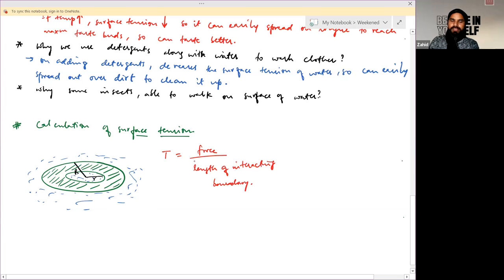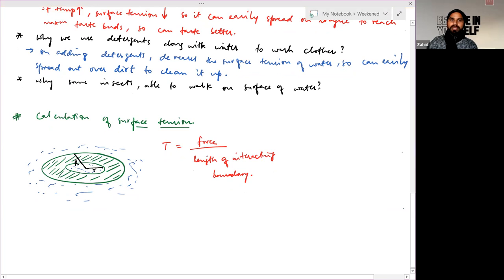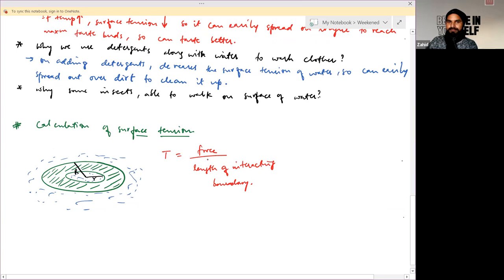So T is surface tension, F is the extra amount of force beyond the weight of the body, divided by the length of its interacting boundary. So force per unit length is called surface tension. The unit of force is Newton and length is meter, so its SI unit will be Newton per meter.